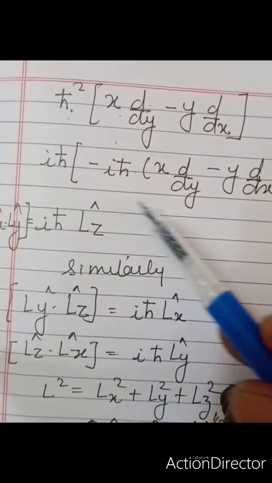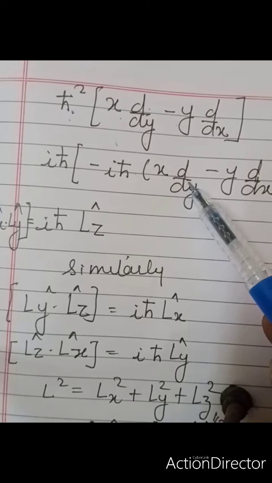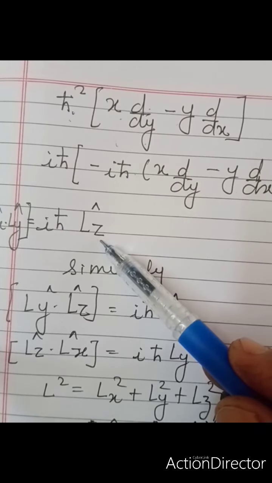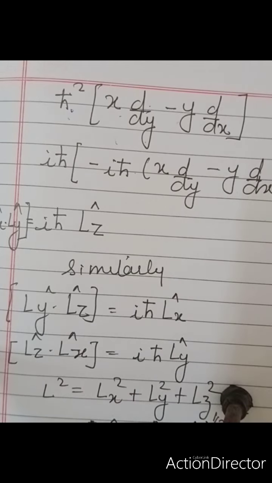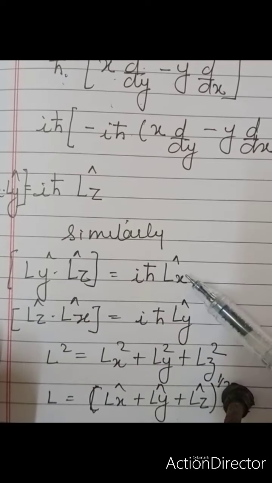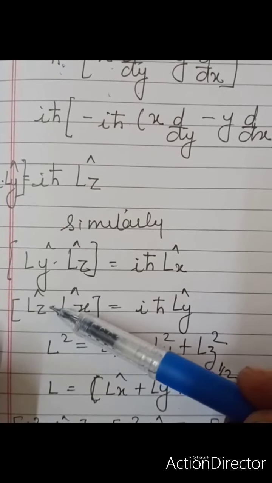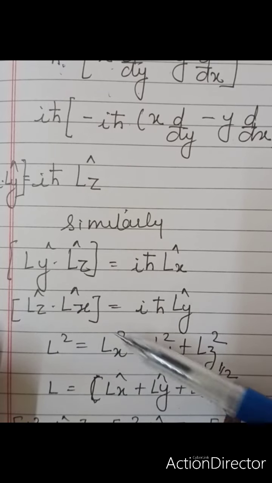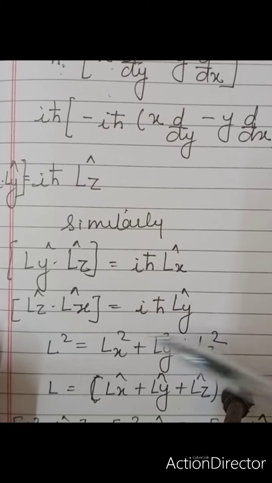Now this whole term inside the bracket is nothing but i h cut Lz. Similarly, when I take y and z, it will be Lx. When I take z and x, it will be Ly. Or if I take L square, Lx square, Ly square, Lz square, so L will be Lx, Ly, Lz and half of that.